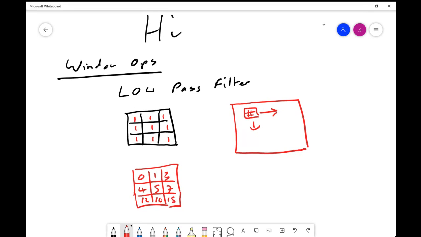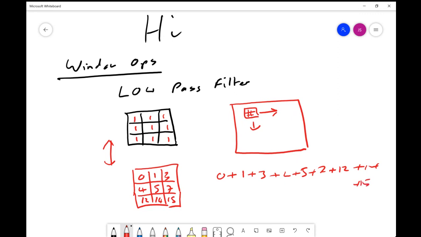The correlation of this window with that part of the image would give you 1 times 0 is 0 plus 1 times 1 is 1. In fact, you simply add up all the pixels in the window because the weighting is 1: 5 plus 7 plus 12 plus 14 plus 15.